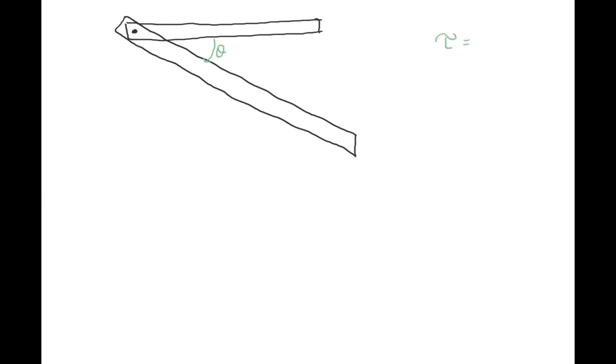That comes out to be mg into L by 2 cosine theta. And then we can work out the work done by this torque as the rod goes from 0 to theta. And this comes out to be mg L by 2 sine theta.